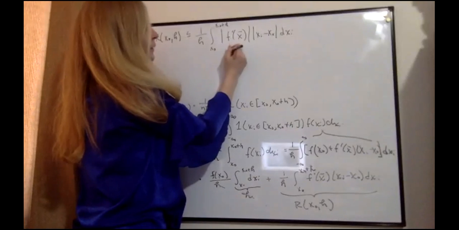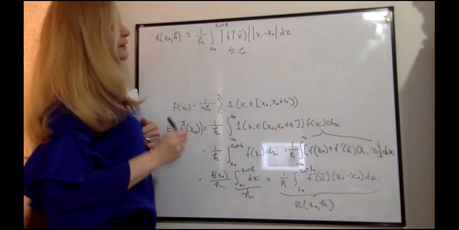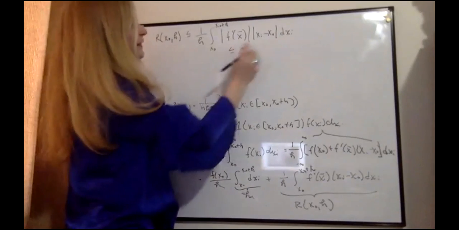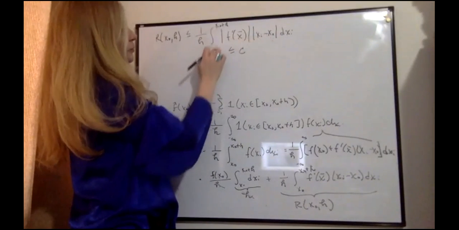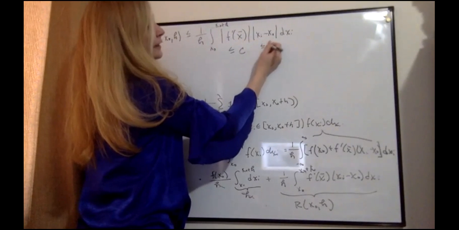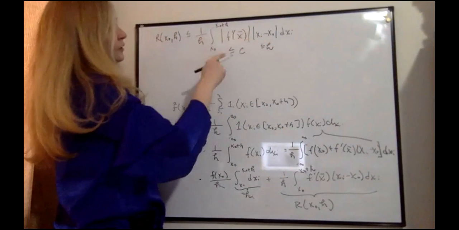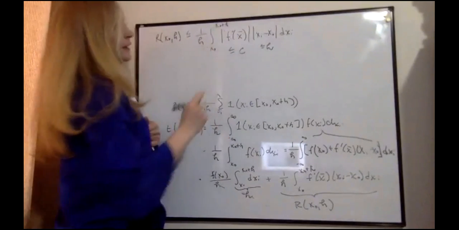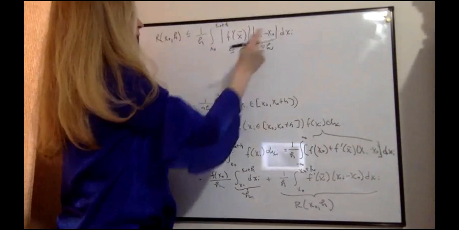We're going to assume that this is less than or equal to some constant c. That's saying the first derivative is bounded. And then this here, because xi is only ranging between x naught and x naught plus h, is less than or equal to h. So this h cancels with this h, but we still have another h from the integral, because this thing integrates to h since we have dxi out here.